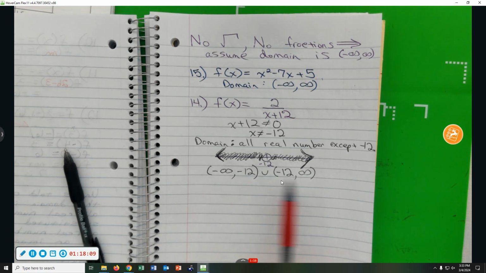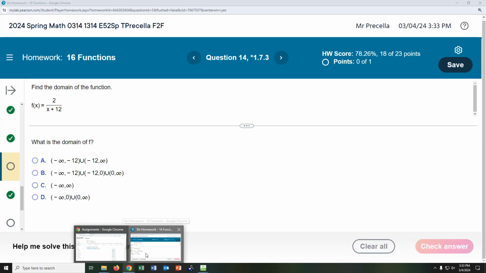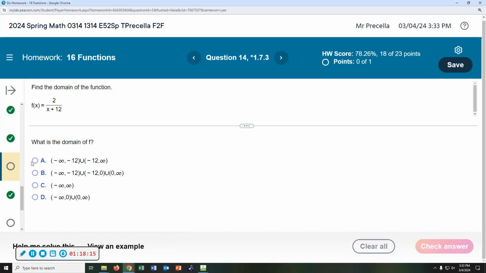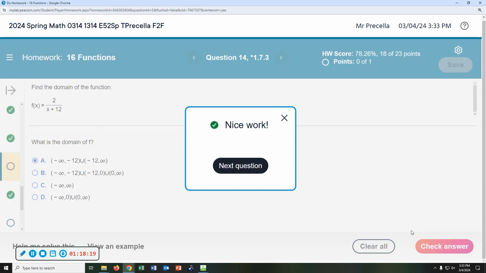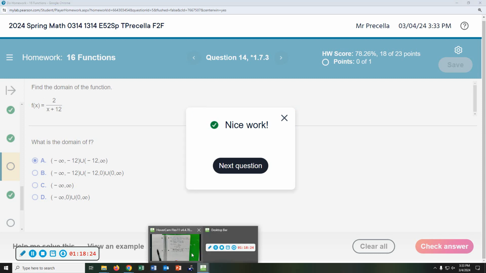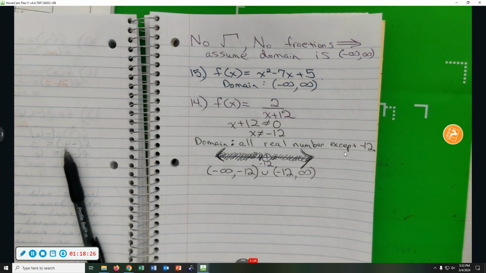And I wanted an interval notation. Unfortunately, it does sort of hide what you're really saying. You can plug in any number you want to there, except for negative 12. It sure would be nice if they wrote it out in words instead. But they don't. So let's keep going.